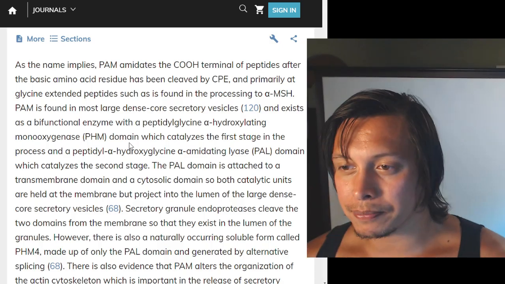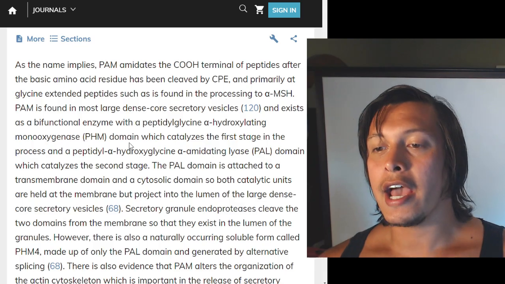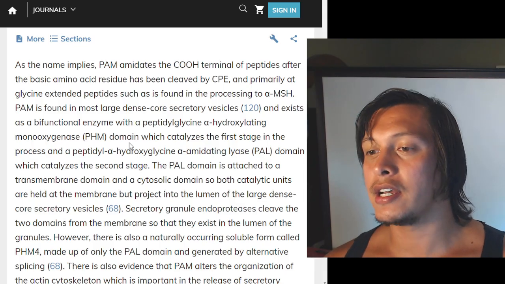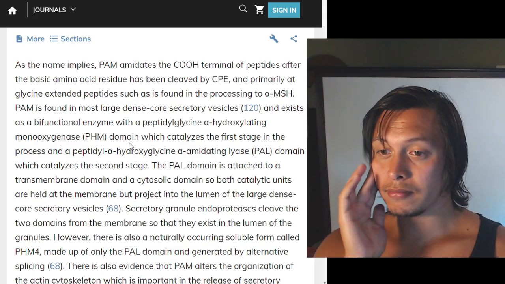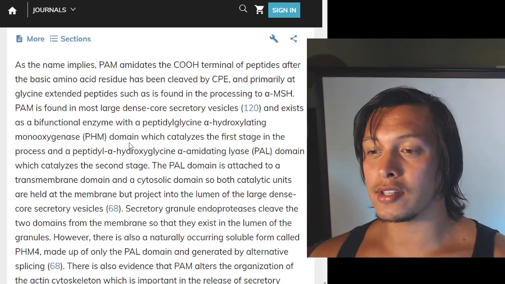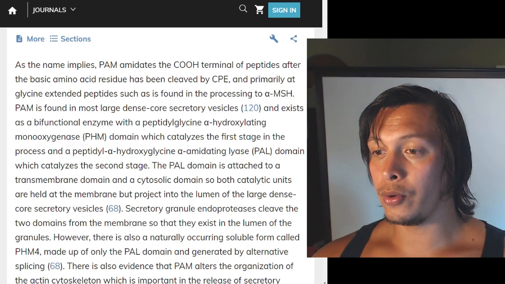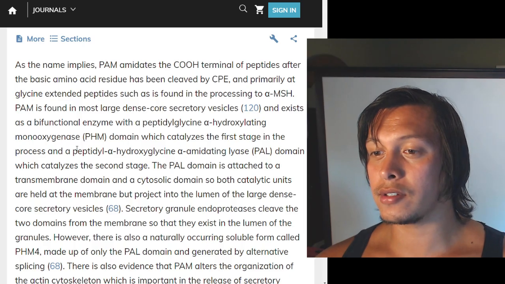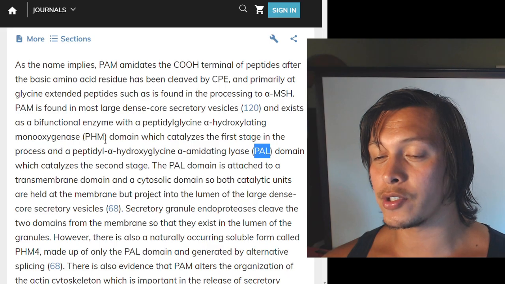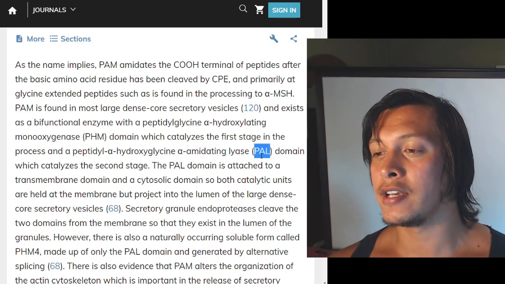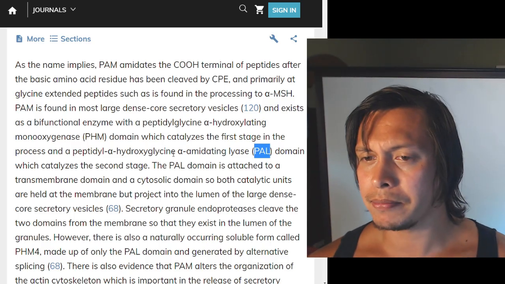So continuing, this catalyzes the first stage in the process, and a peptidyl alpha hydroxyglycine alpha amidating lyase domain, which catalyzes the second stage. This PAL domain is very similar to this PHM domain in that it is a domain on the PAM enzyme.